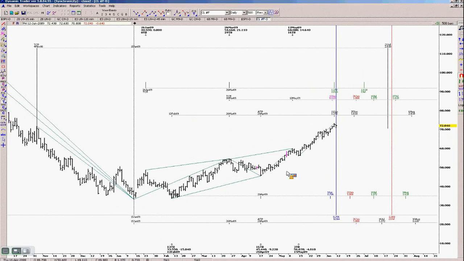And then let's look at the smaller swings. April 20th low to the May 12th high, projected from, let's see, this next low. Not sure which is the low, May 15th, or this one.